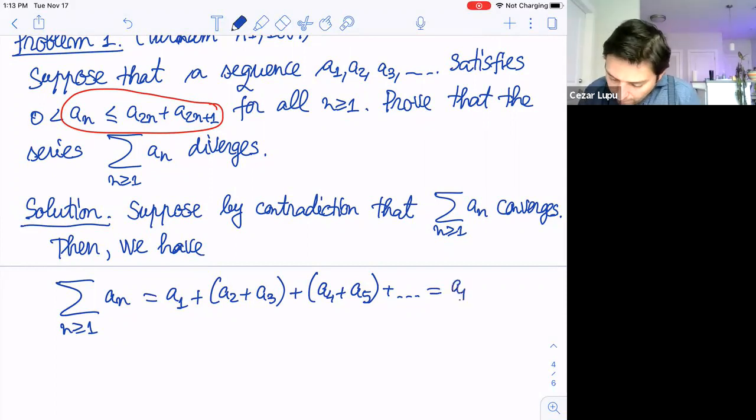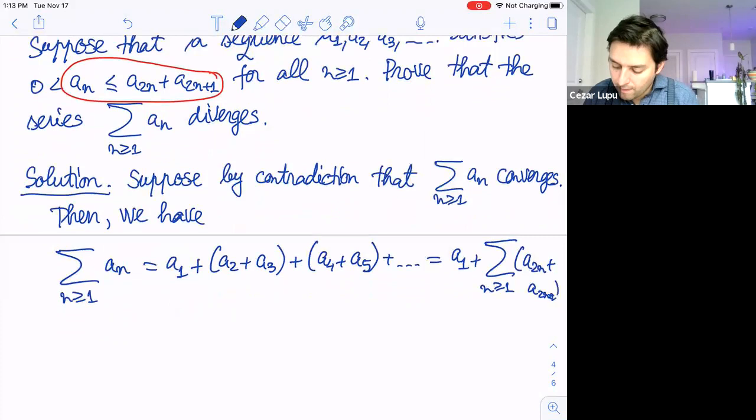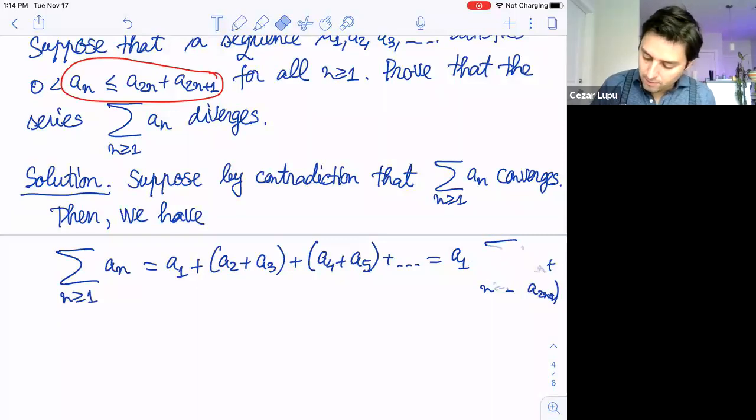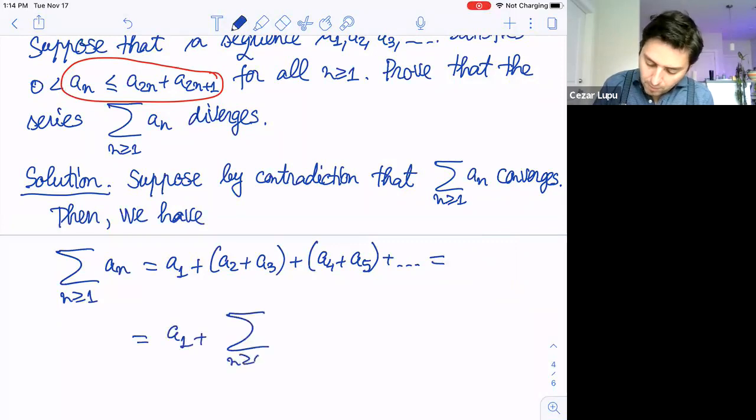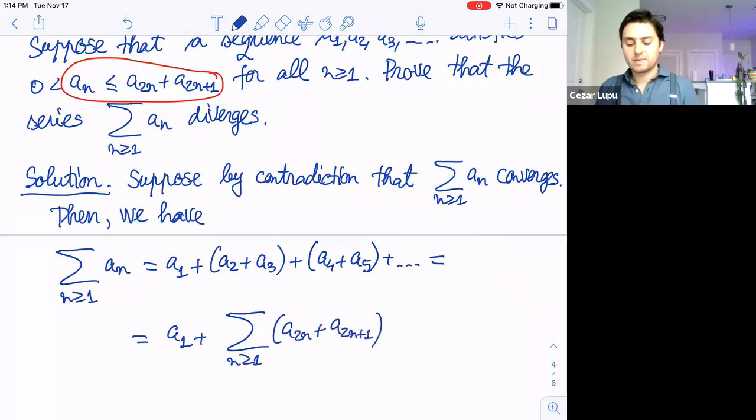So is it a_1 plus the sum of this series? Here I'll have, let's say, a_{2n} plus a_{2n+1}. I can write it in this way, right? And now, is it clear? Okay, let me write it here. So this is nothing else than a_1 plus the sum of a_{2n} plus a_{2n+1}. So I'll group them in this way, right?